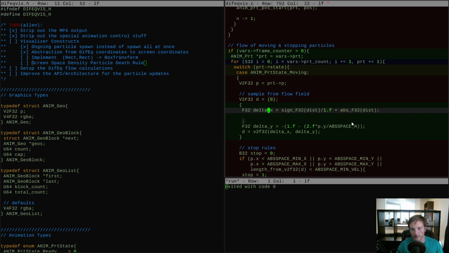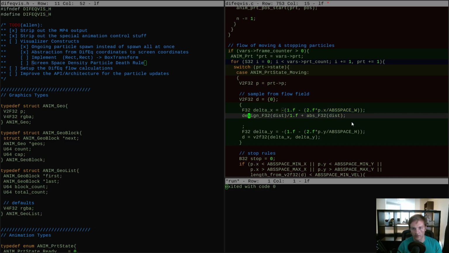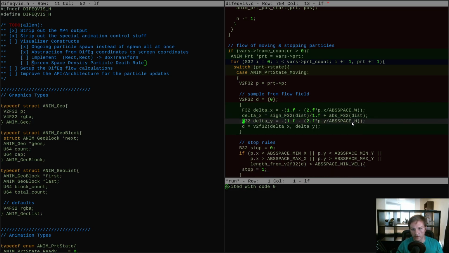Right, so it'd go like this. Delta x equals delta x f32 diff x, something like this maybe.